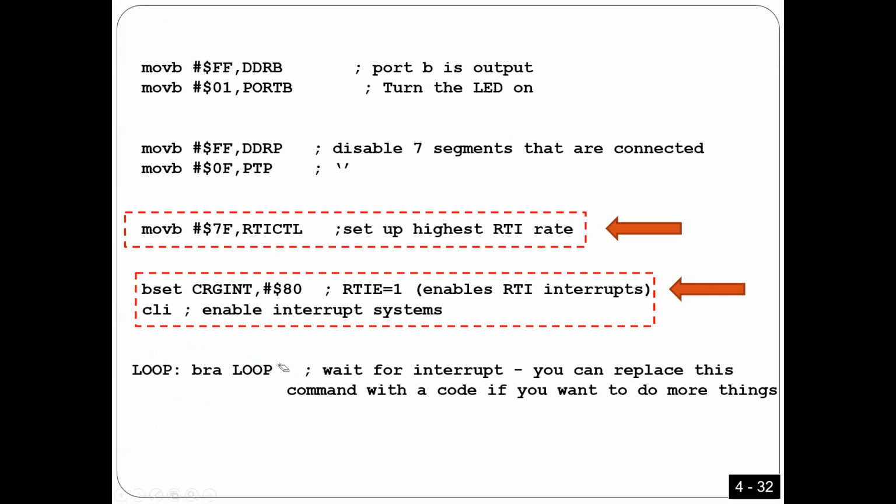I told you before, any main program usually is going to jump to the beginning, like in a loop, or at the very end I'm going to keep looping here. But again, because this is just a simple program, I can remove this part and write a task here. You can do a task, okay? But here, just a simple program, so all the time I'm going to keep looping here. Every time there is an RTI interrupt, I'm going to go execute the RTI and come back.